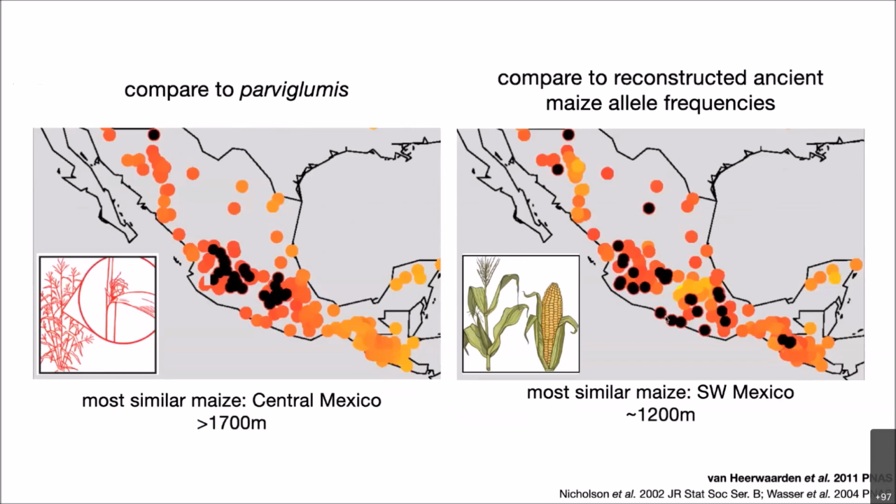So by comparing to these reconstructed frequencies, we recapitulate what ecology and archaeology suggest, that the most ancestral looking maize comes from southwest Mexico at reasonable altitudes within the range of Parviglumis.